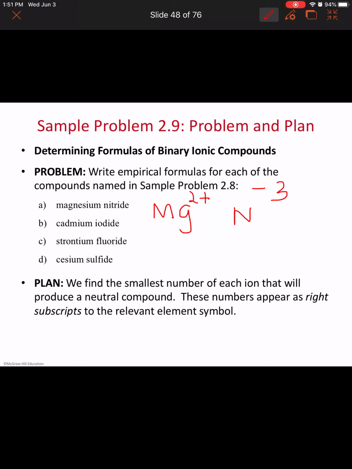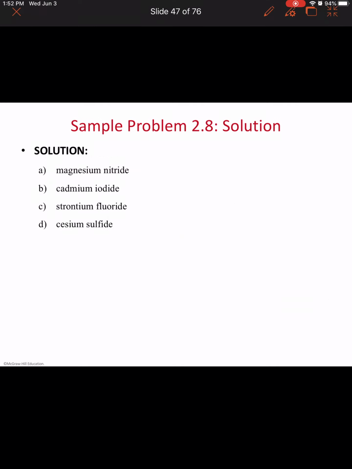So you're going to write it there. Go ahead and draw it. Once you put your charges, to figure out the formula you do the crisscross. You take the 2 and put it next to nitrogen, take the 3 and put it next to magnesium. That will make Mg3N2. And that's going to be the formula for magnesium nitride.